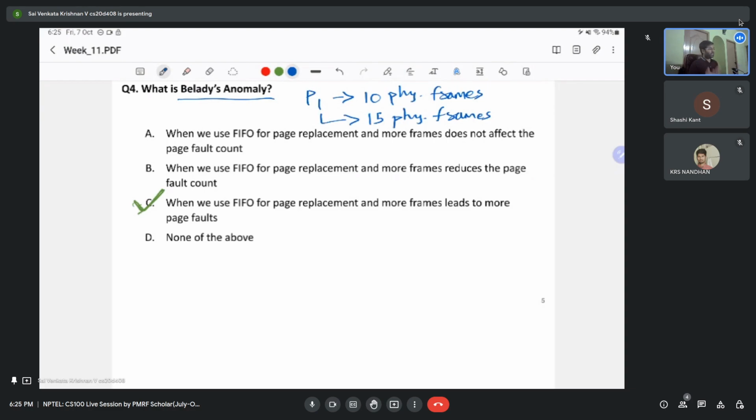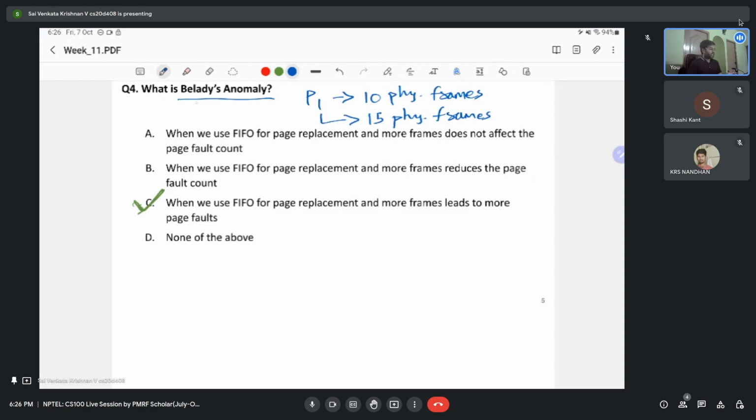Your page fault rate will decrease because you can maintain more of the pages you are using in your physical frames. So of course your memory performance will improve, because the more frames allocated, the more pages are present in memory. You need not go through the page fault service routine and trigger a page replacement algorithm. So that's the normal assumption.